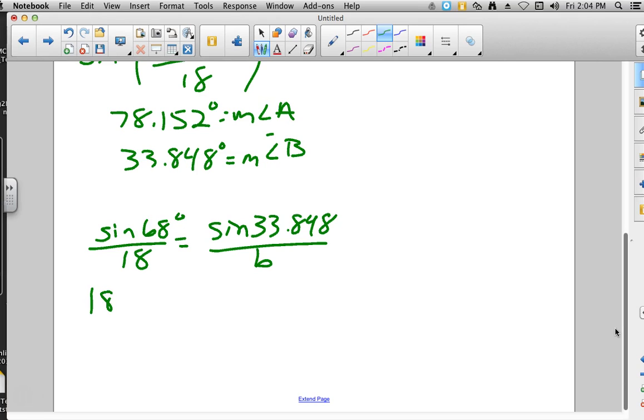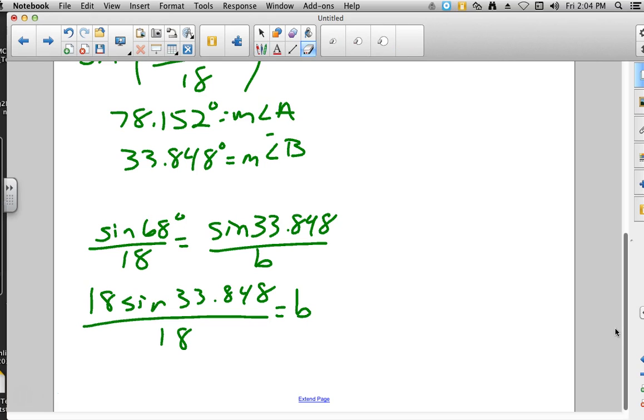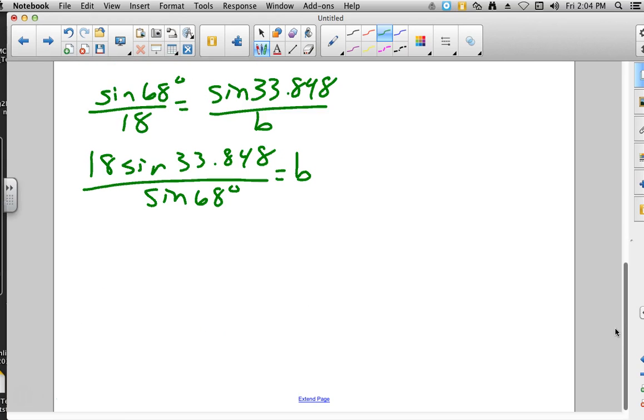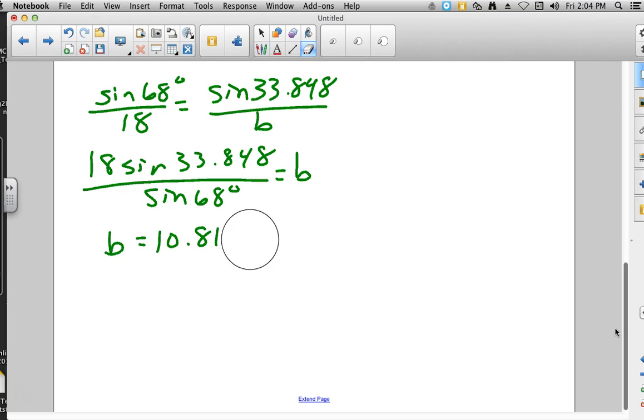And that will give us 18 times the sine of 33.848 divided by, oops, not 18, sorry, divided by the sine of 68. There we go. And carefully punch that in, and we have b as 10.813.